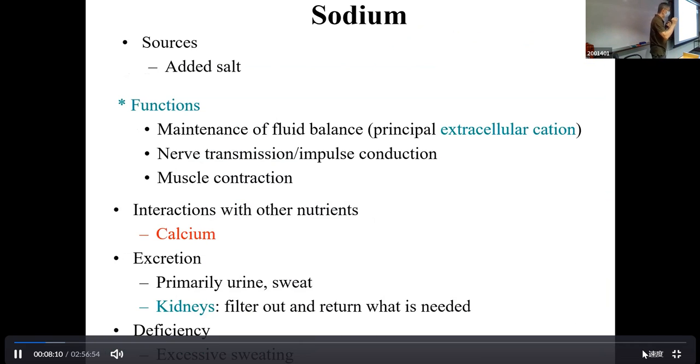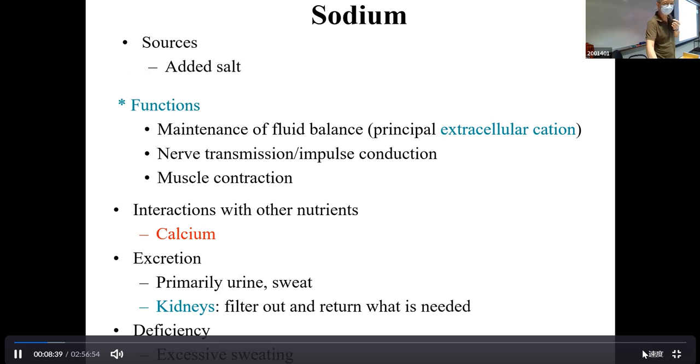As I said, we'll just spend a little bit of time talking about sodium and potassium. Of course, sodium is essential, and there are significant interactions between sodium, calcium and potassium, which obviously have big implications on our body health, in particular, for example, your blood pressure.